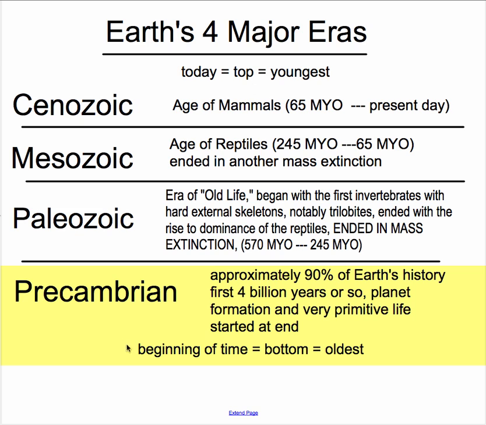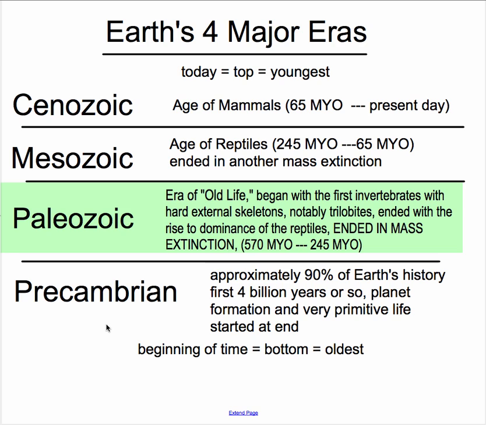So the Precambrian, which means before Cambrian, that's approximately 90% of Earth's history, the first 4 billion years or so, and that's primarily the planet formation and very primitive life was starting towards the very end of that, right before what's called the Cambrian explosion. I'll let Mr. Gilbert talk about that.